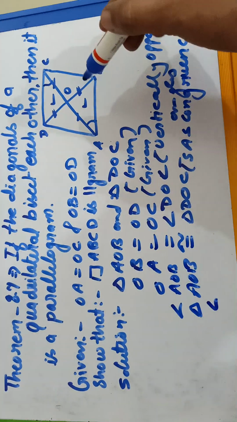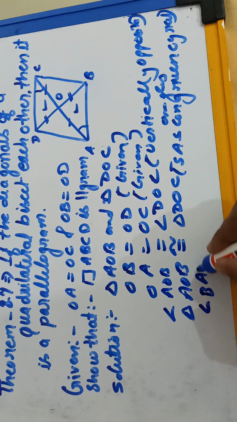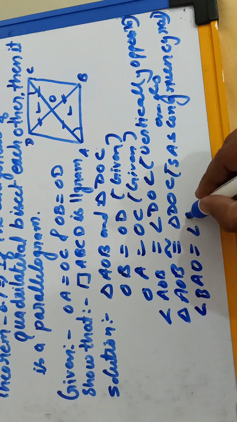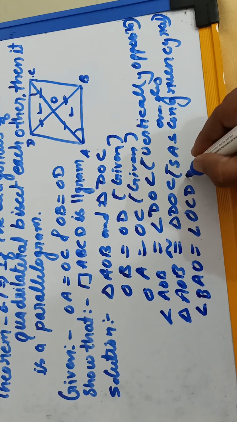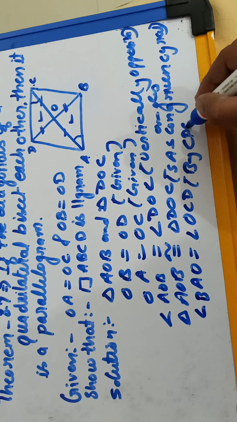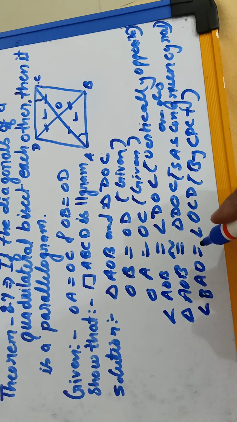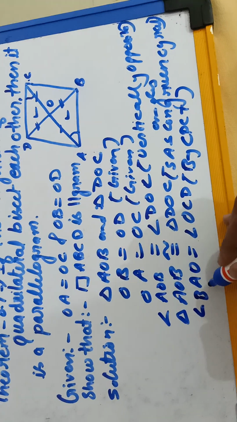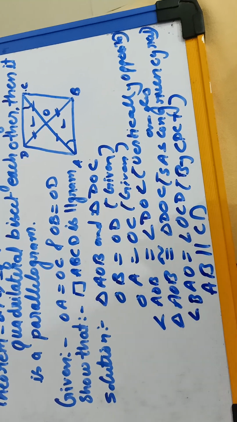We write angle BAO is equal to angle OCD, which are equal by CPCT. When these angles are equal, these are alternate angles, and when alternate angles are equal, you can see AB is parallel to CD.